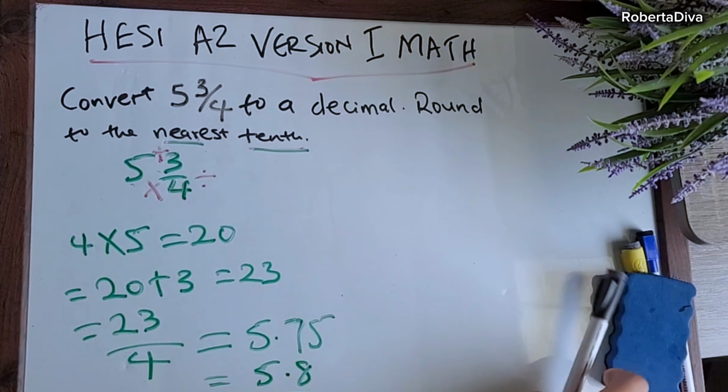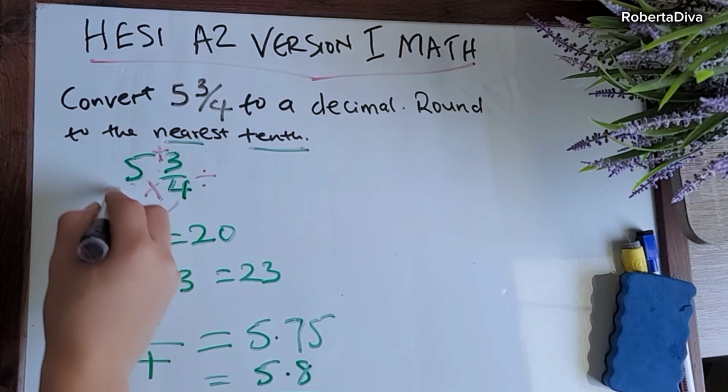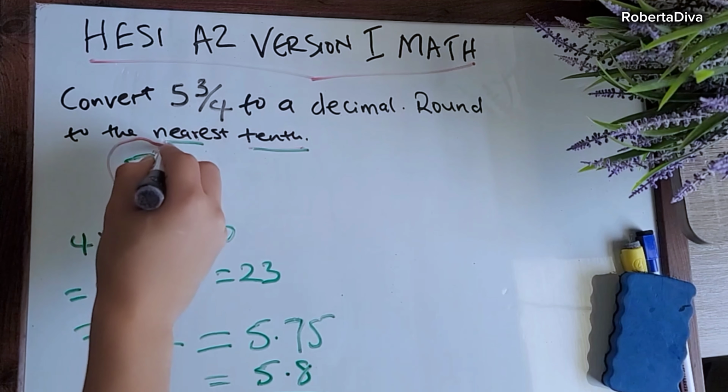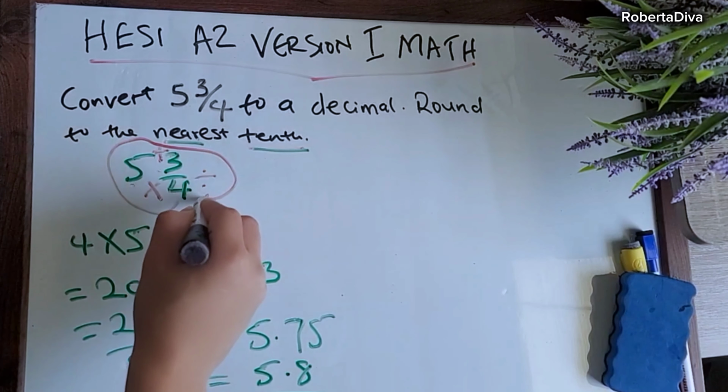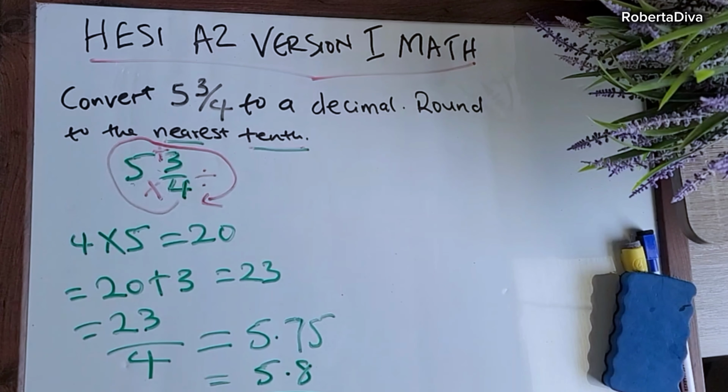You still get the same answer. So which one is easier for you guys? Let me know in the comment section. Which method is easier for you? Just use any method that you want. You're still going to get the same answer.